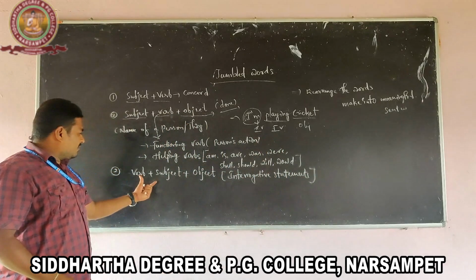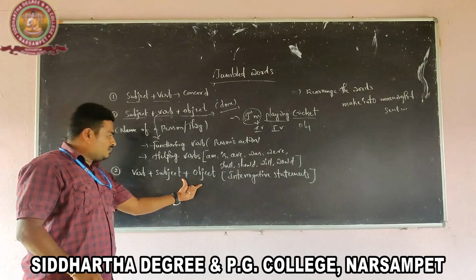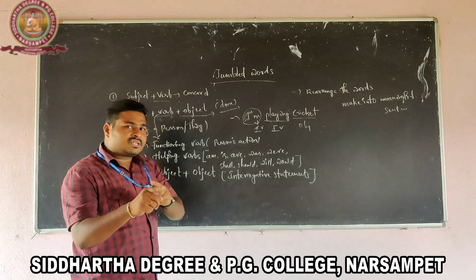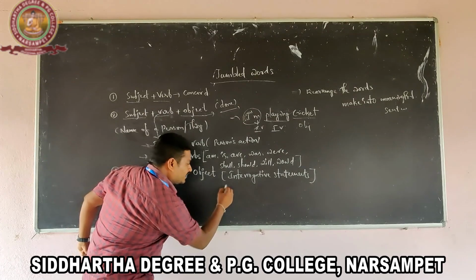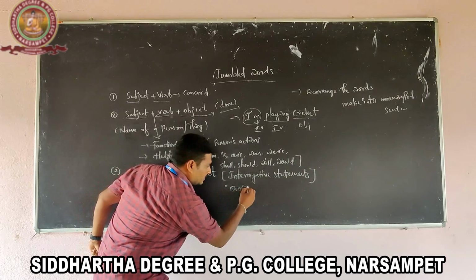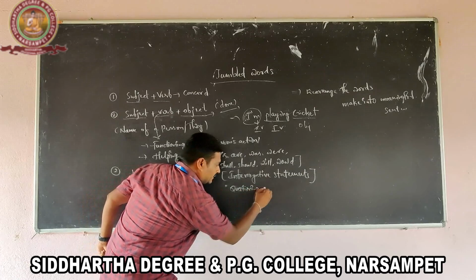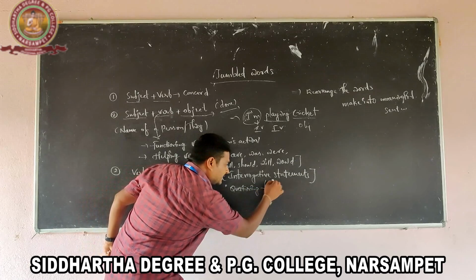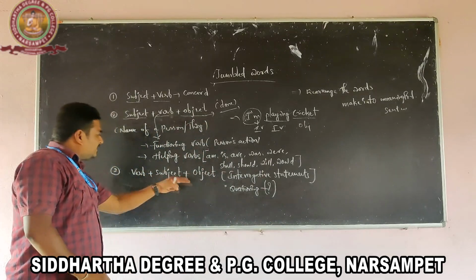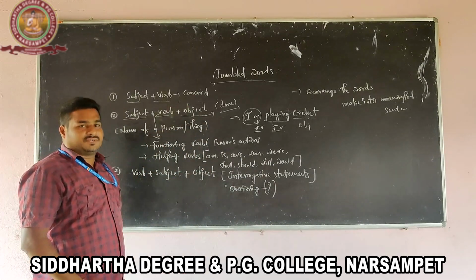Verb plus subject plus object is known as interrogative statements. Interrogative statement refers to questioning, that is, it indicates a question mark. So this is another structure to solve the jumbled words.